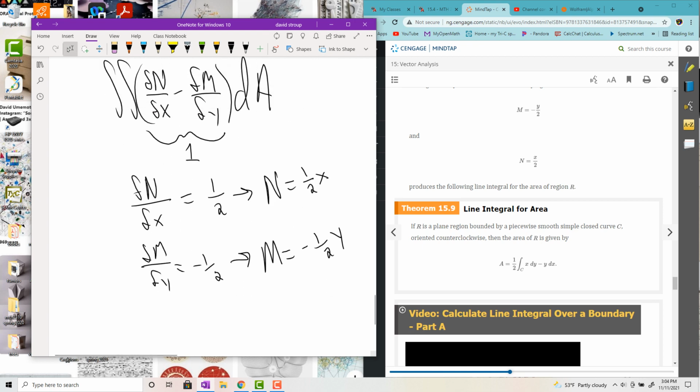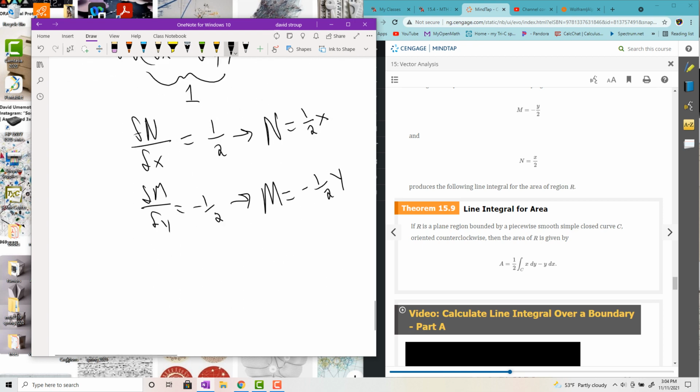Okay, so in your line integral, you have the integral of M dx plus N dy. Doing substitutions, well, yeah, it is kind of area.